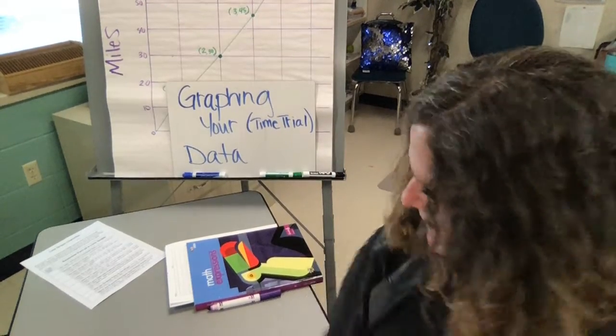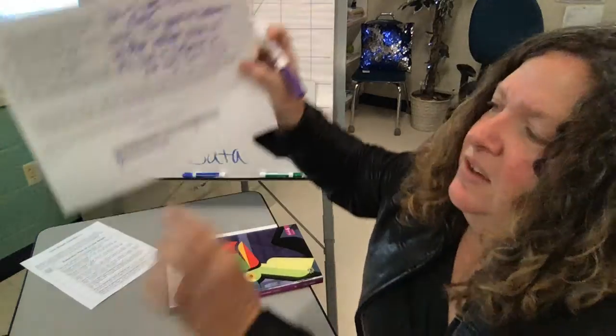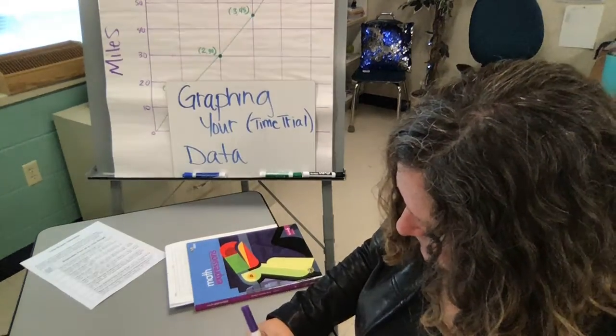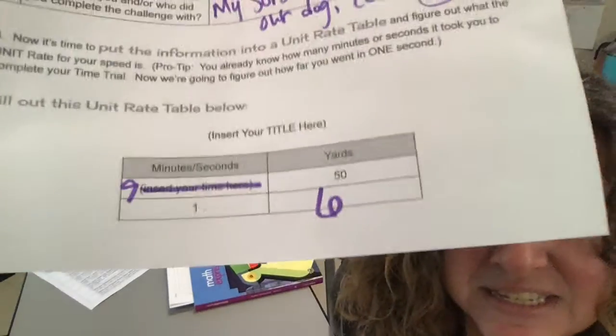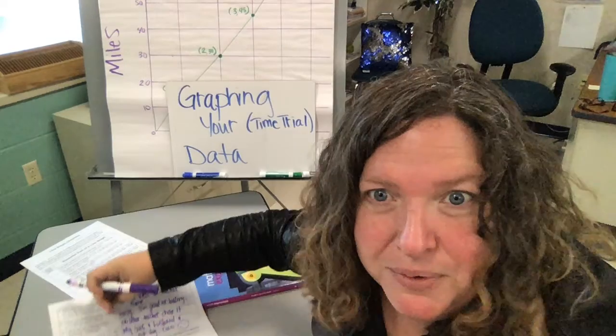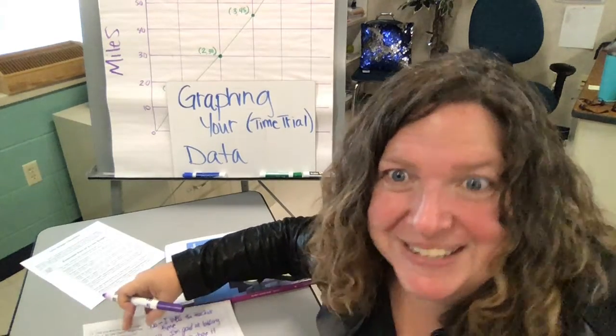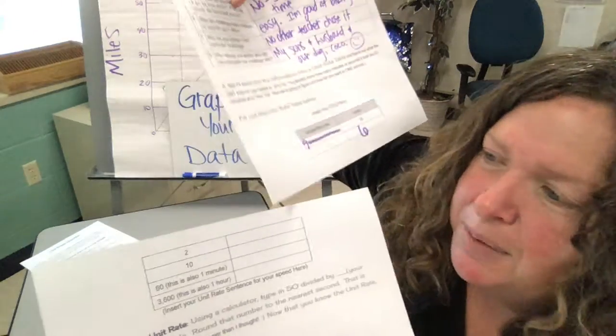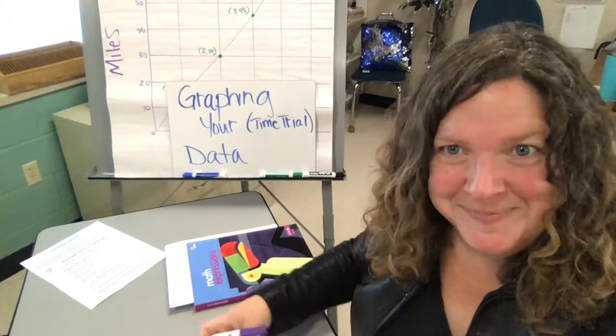So what that means then is I'm going to say in 1 second, I went 6 yards. Your numbers are going to be different. Don't let me trick you. Your numbers are not the same as mine unless your time was exactly the same as mine. So if I went 6 yards in 1 second, how many did I go in 2 seconds?